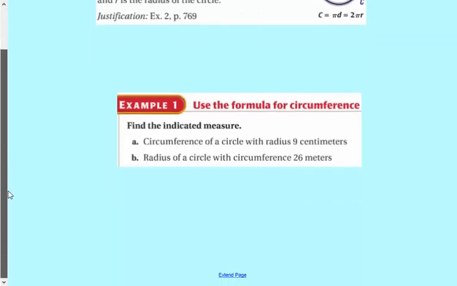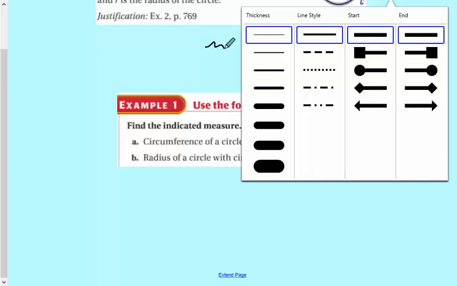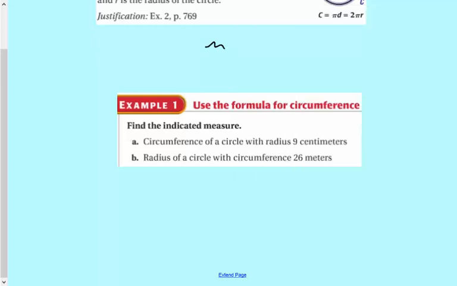It says find the indicated measure: circumference of a circle with radius 9. Okay. So they want the circumference, and the radius is 9, so we're going to use the 2 pi r formula, 2 times pi times radius.